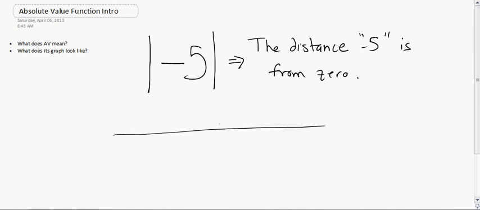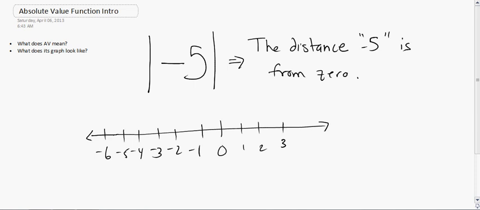So if I think about a number line here, here's 0, 1, 2, 3 in the positive direction, -1, -2, -3, -4, -5. I'll extend it out and include a -6 in the negative direction. And here's where -5 is located on my number line.